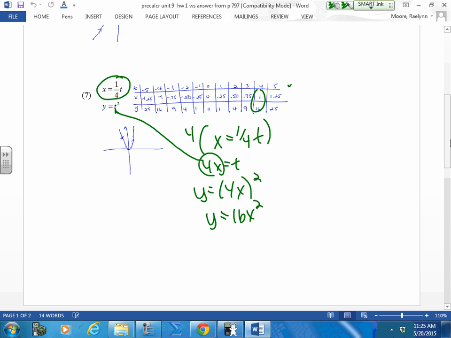But if we plugged a 1 into here, your y would be 16. If we plugged a -1 into here, your y would be 16. And of course you can see your 0, 0. So if we were sketching it, it would look exactly like that. And look on the 0, 0, my pencil. But that's what it's doing. It's pulling it, stretching it.